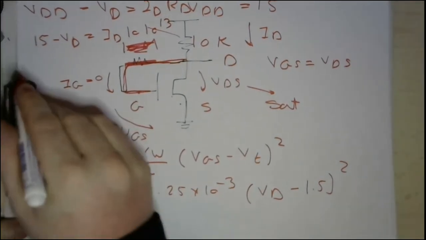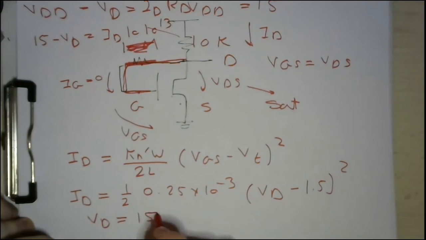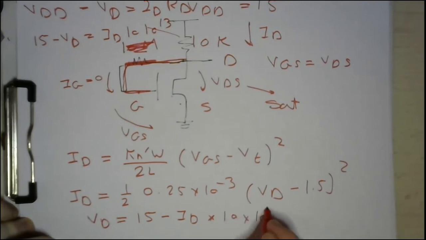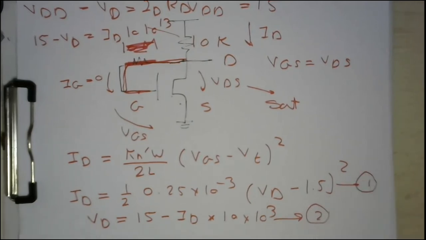Or you can easily say that VD equals 15 minus ID times 10 times 10 power 3. This is the second equation, and this is the first equation. Now you have two equations in two unknowns.